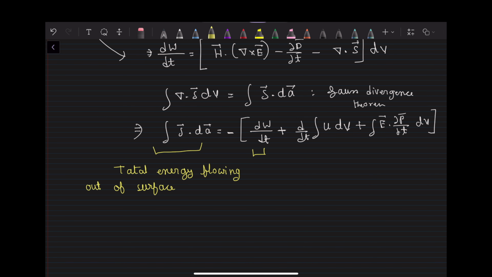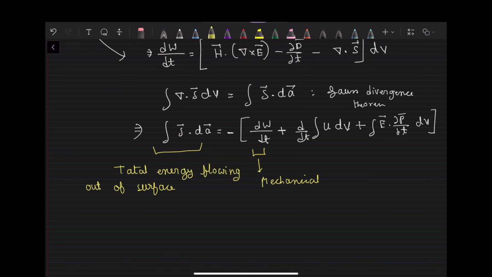Then the second term is basically mechanical work done, or you can think of it as energy lost as heat in a lot of cases. So it's basically mechanical, it's nothing to do with electrical in a way.